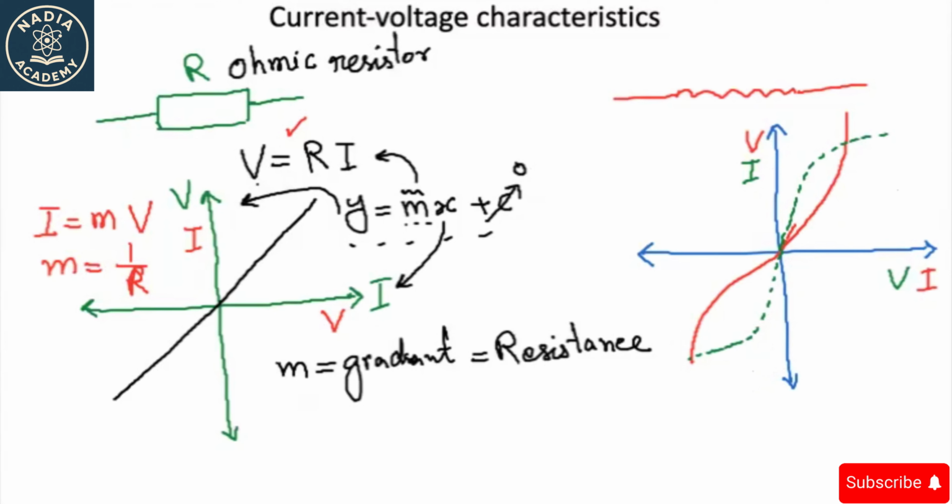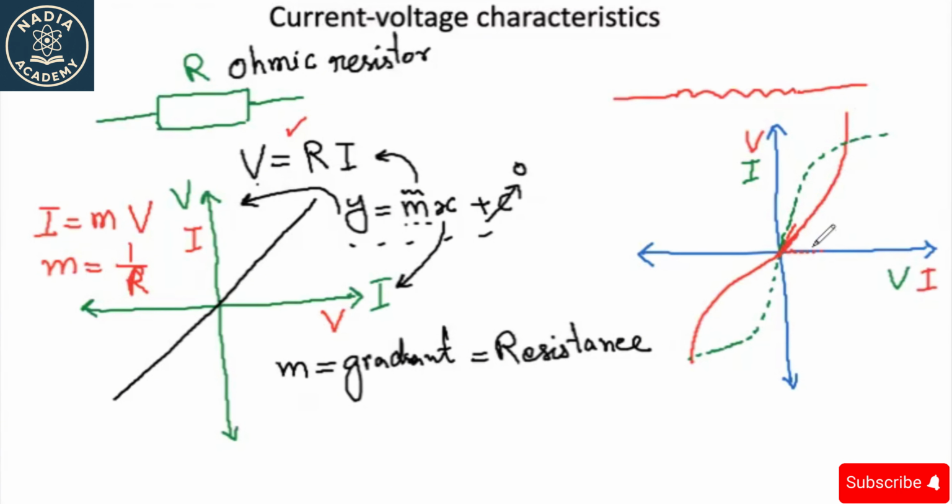What we are doing here is increasing the current, and the potential difference across the conductor is also increasing. It is linear at the lower current values, and then it turns into non-linear behavior.